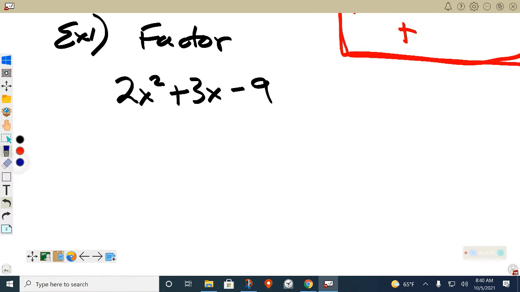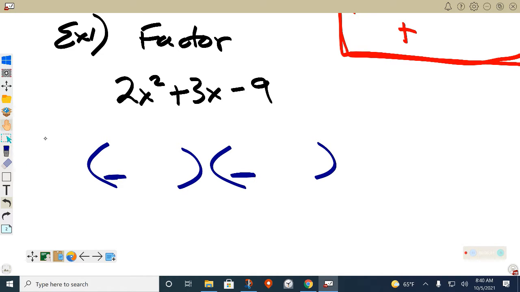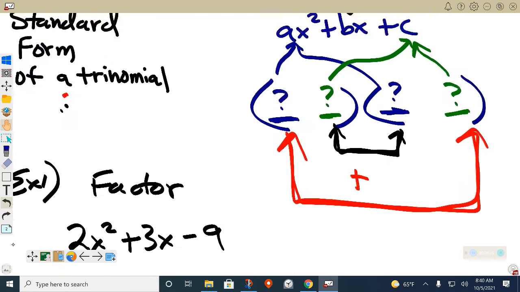So let's go straight to the binomials. I know it's going to be two binomials. What's the stuff that's going to multiply to become that trinomial? We have to figure out what binomials they are, though. I'm going to use the same color coding as up here.